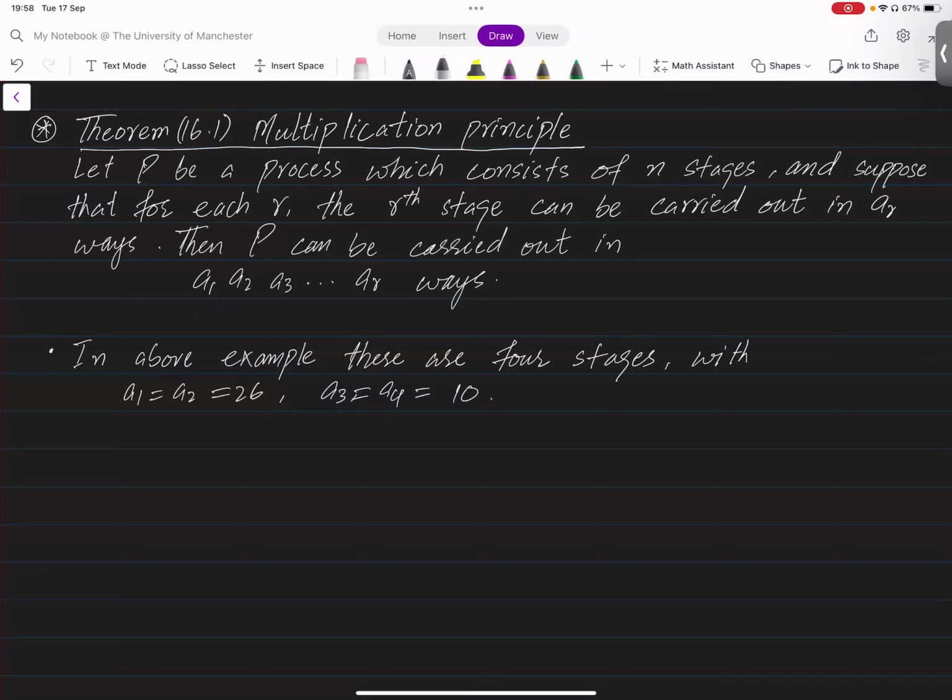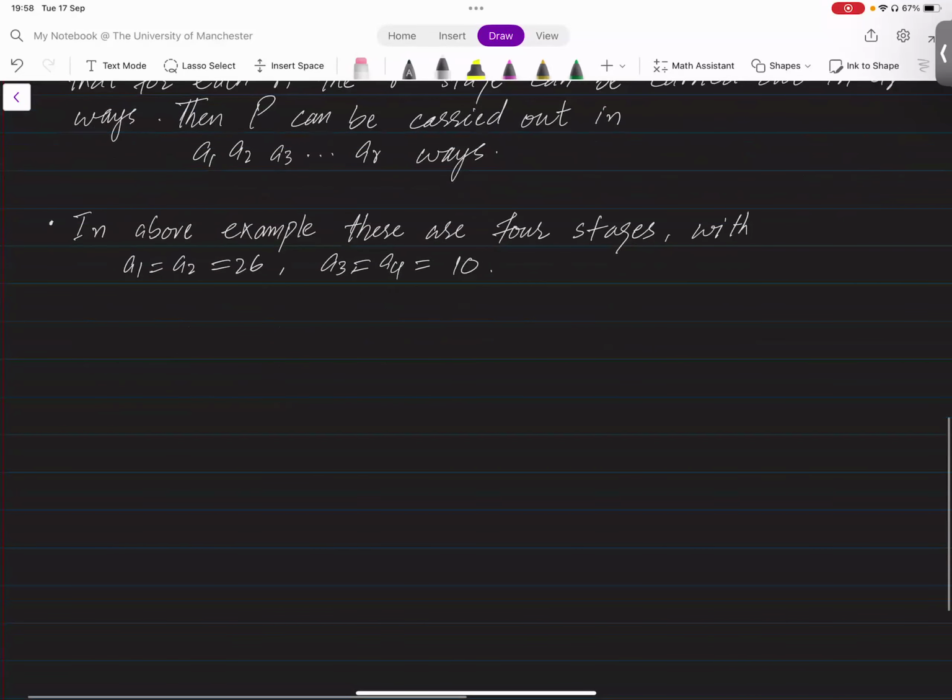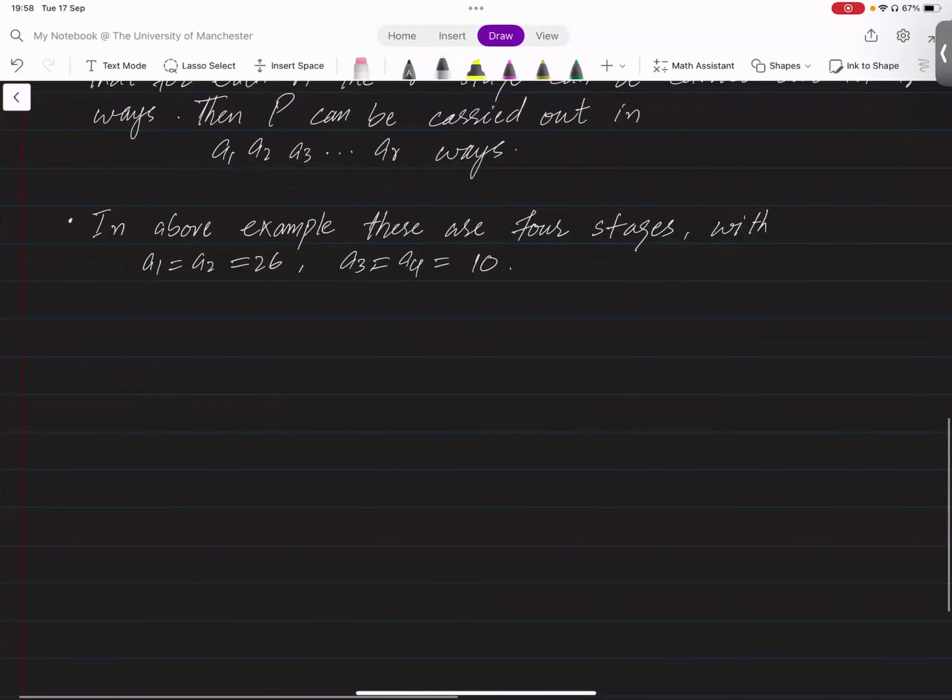Okay. Let's talk about another example, 16.2.